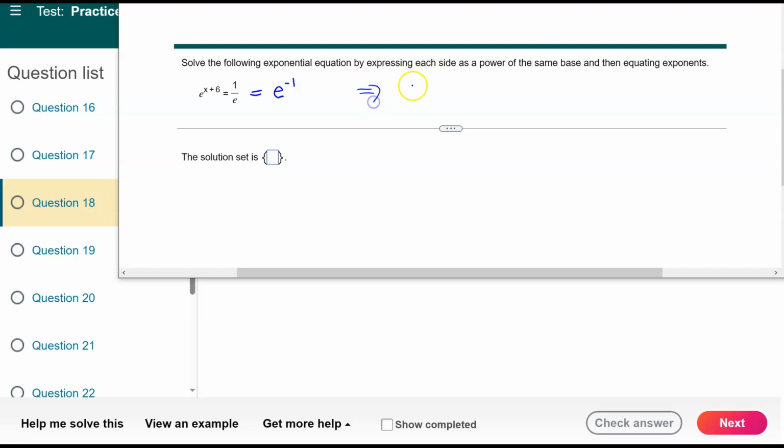So we have e to the x plus 6 is equal to e to the negative 1. They have the same base, so you equate their exponents. So x plus 6 is equal to negative 1. Then you subtract 6 on both sides of the equation, so x is equal to negative 7. The solution set is negative 7.